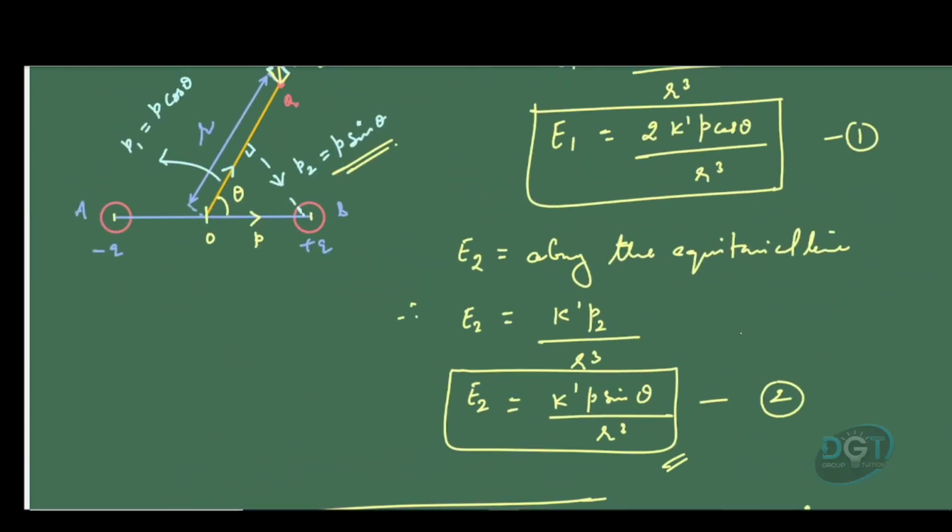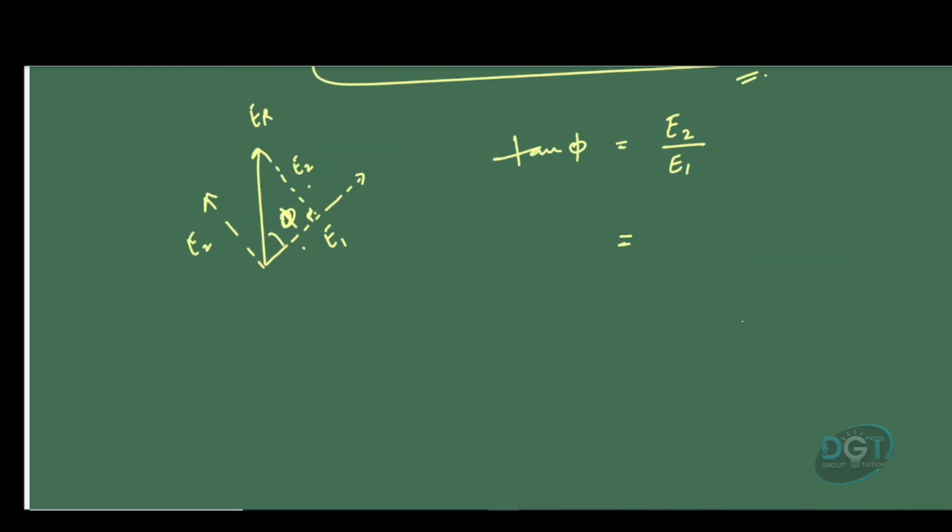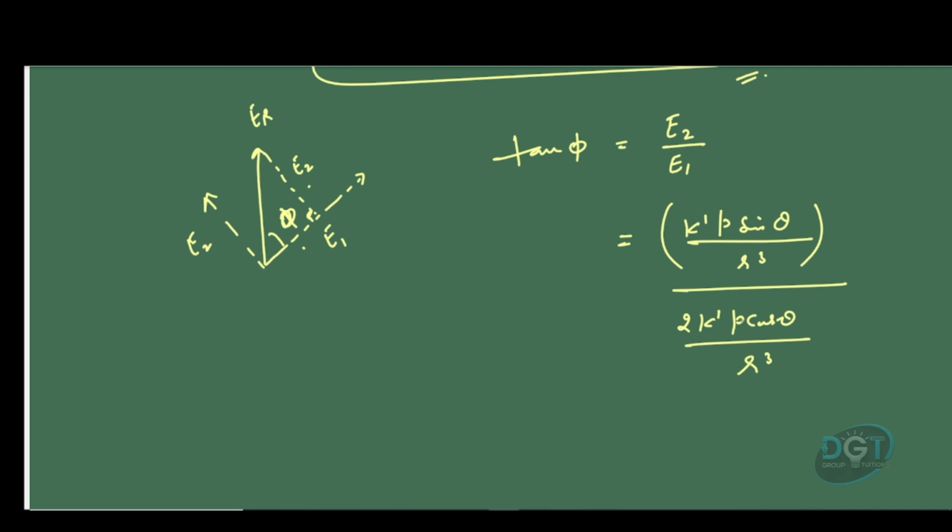E2 is k'P sin theta upon r cube, and E1 is 2k'P cos theta upon r cube. This is tan phi.